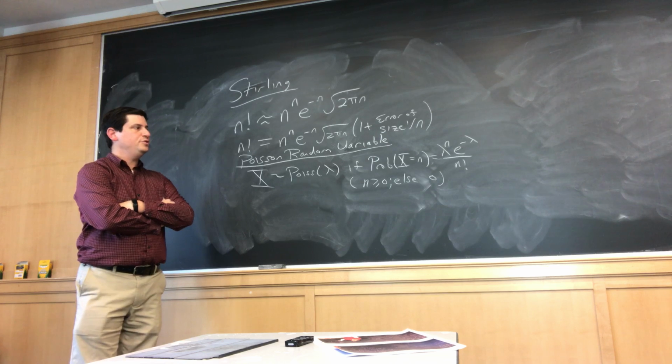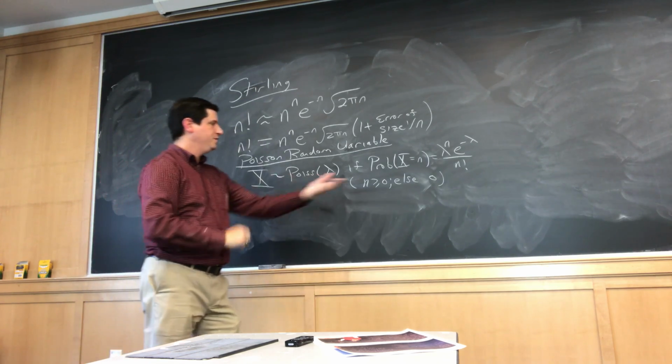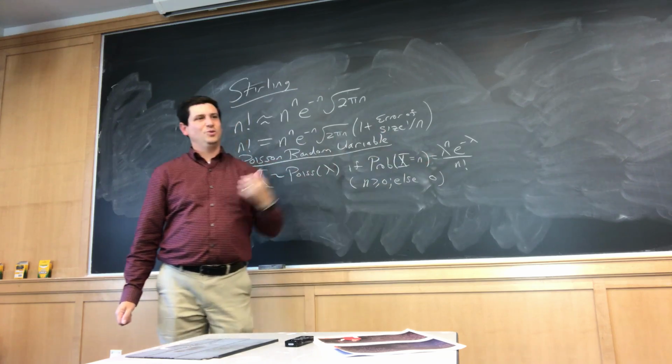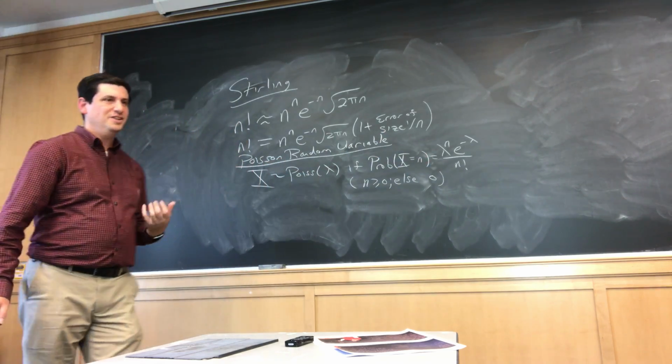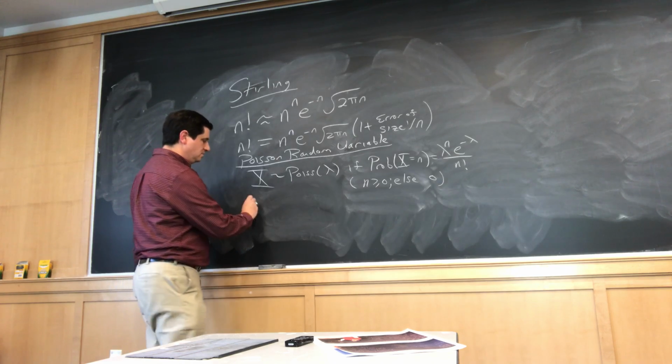So what's the first thing you need to check? So I've given you my claim. What should you check? We check if it actually is. Yeah. Is it a probability distribution? So non-negative is easy.